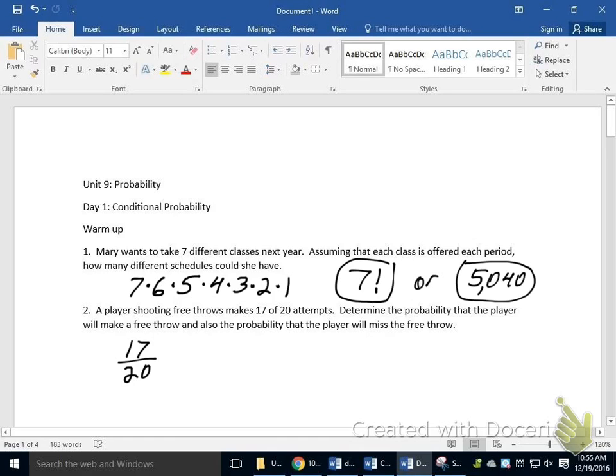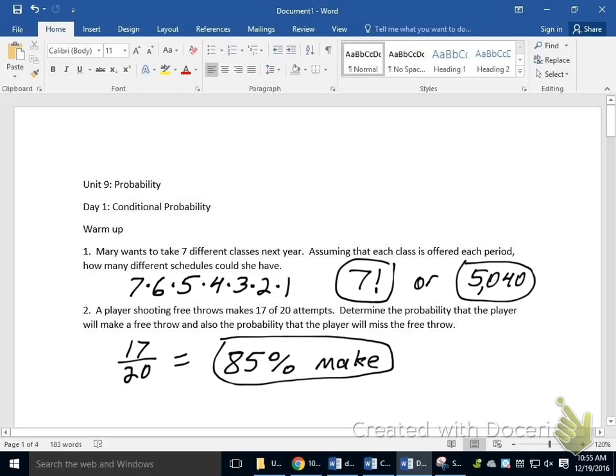So that's actually going to be 85% for him to make it. Pretty straightforward problem. And to miss would then only be 15%, just making sure that adds to 100% since there's only one of 2 things that's going to happen here. All right, usually you're going to see me answering with percentages in this unit.